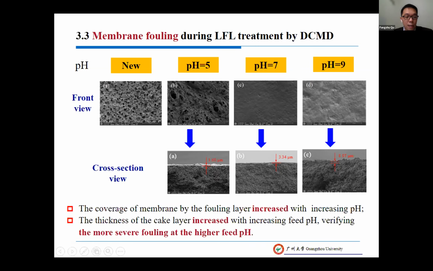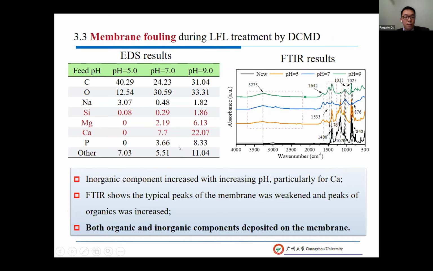We can find that the coverage of the membrane by the foreign layer increased with increasing pH, and from the cross section view we can find that the thickness of the foreign layer also increased with greater pH. In this page, we show the EDS results and FTIR results.